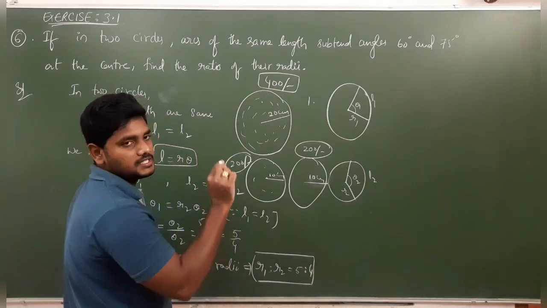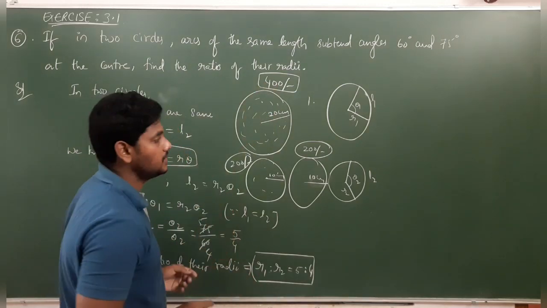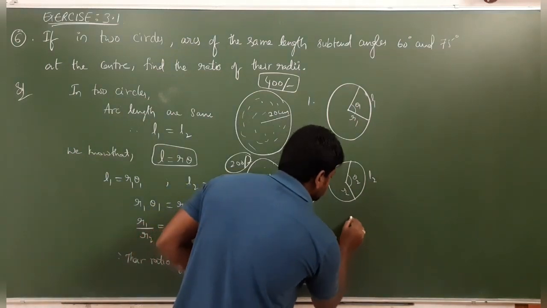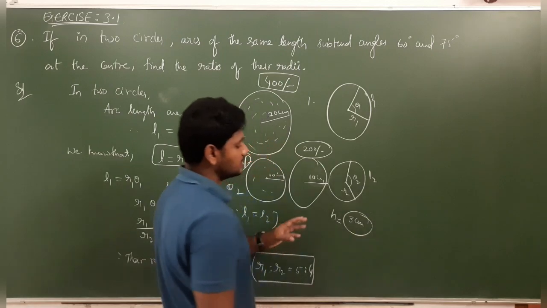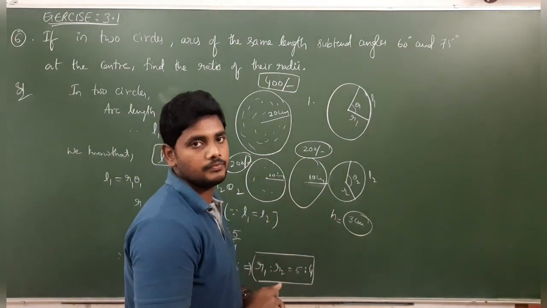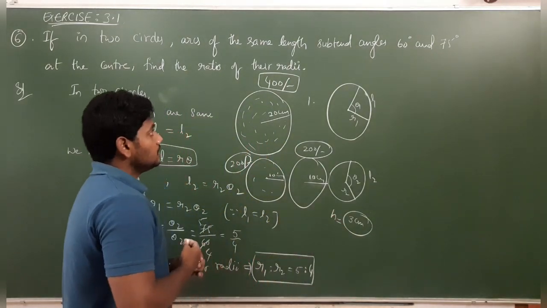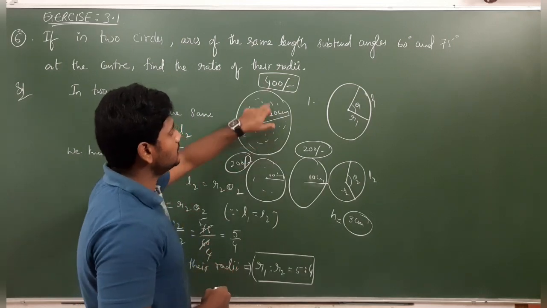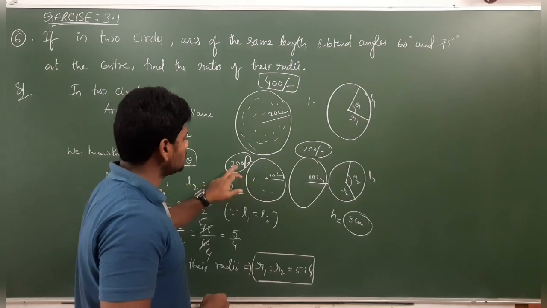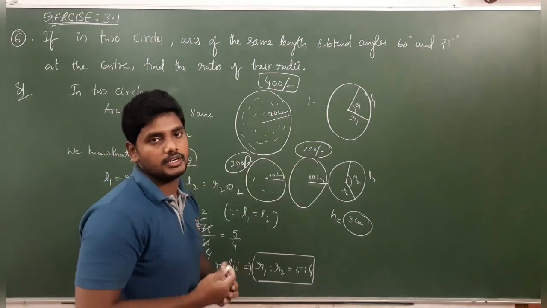The height of that pizza, nothing but the depth or thickness of that pizza, for example, if it is 3 centimeters. Can the prices be equal? This is 20 centimeters means 400, 10 centimeters means 200, 10 centimeters means 200.